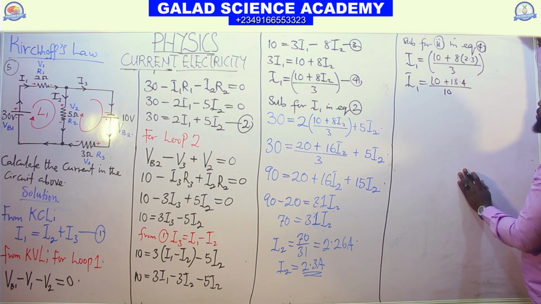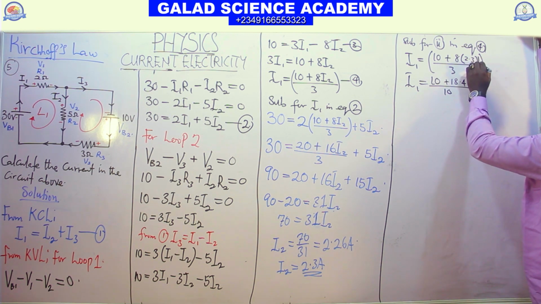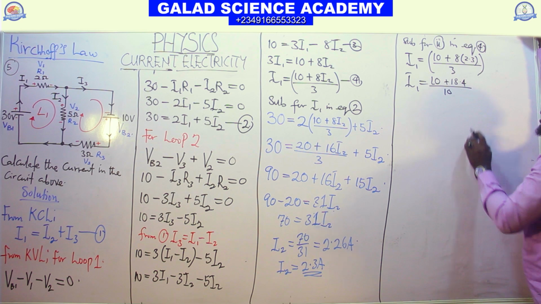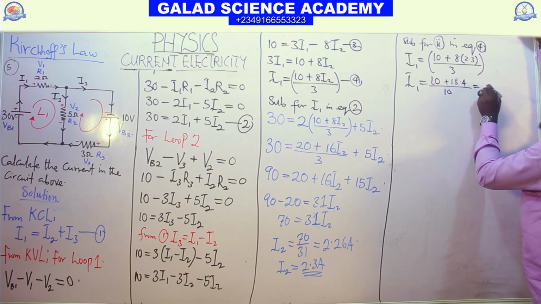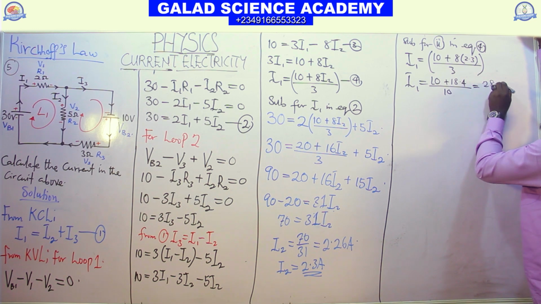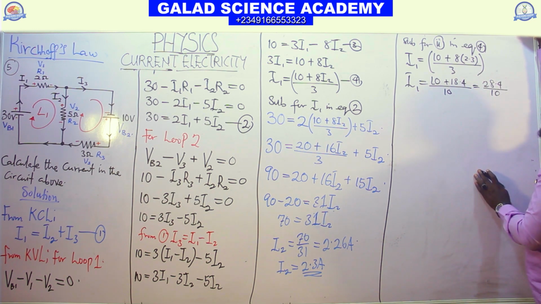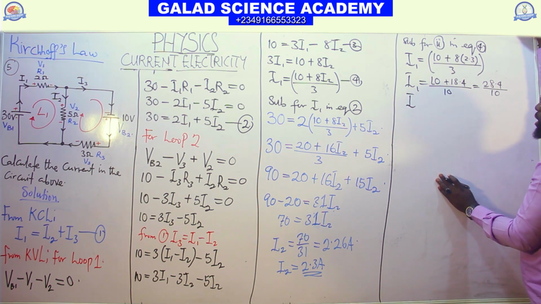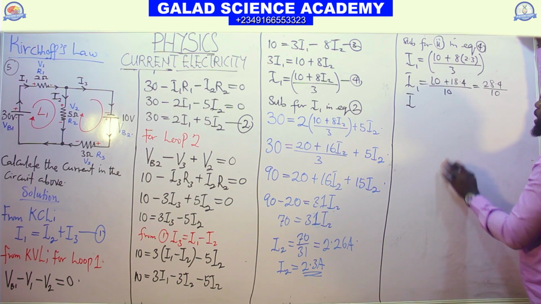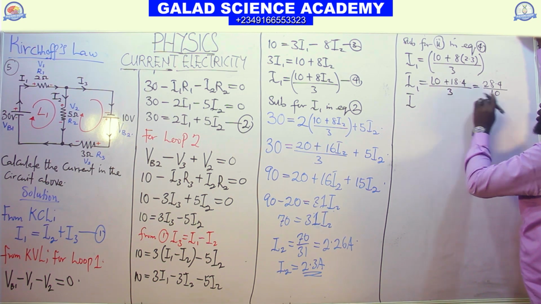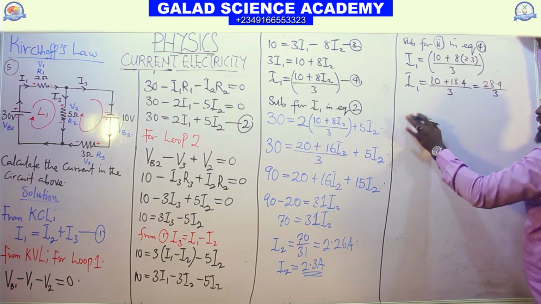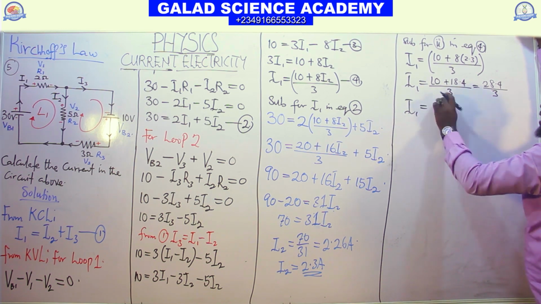There's a mistake here, I omitted I2 here. Yes, I'm right. 10 plus this, we have 28.4 over 3. Why should I get 10? We have 3 here.